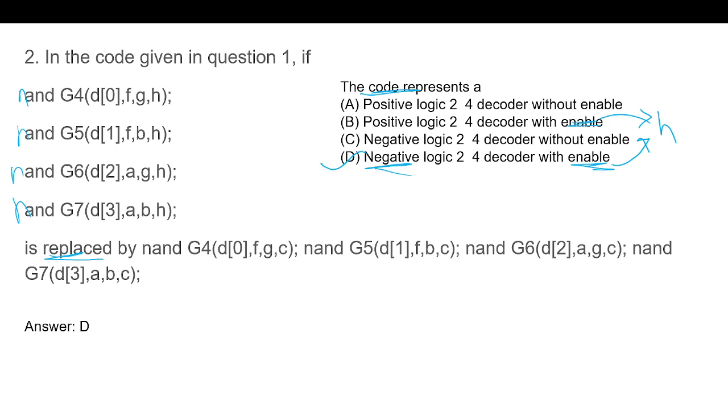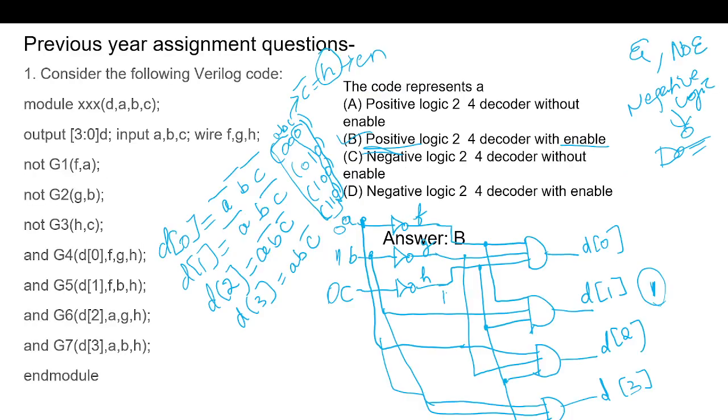So for any Verilog code, if you can write the equation, draw the diagram and try mapping, you can identify which type of circuit is implemented in this Verilog code.